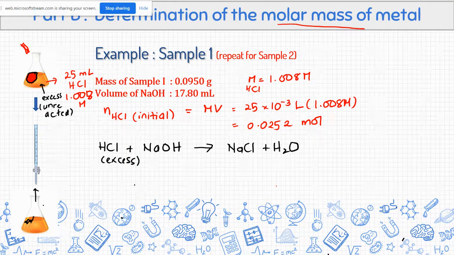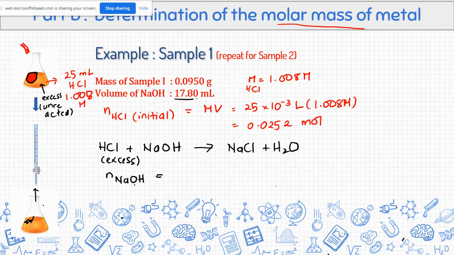Now, what do we know about this HCl? We know the molarity. What do we know about NaOH? We know the volume and we know the molarity. So we can calculate the number of mole of NaOH reacted.